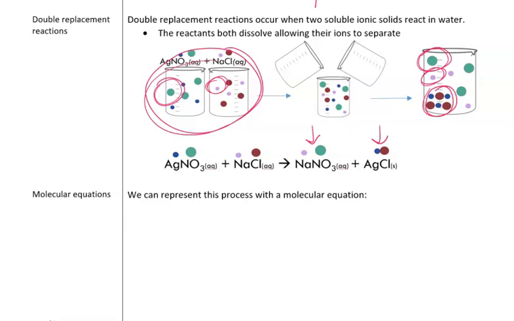They were just ions in the beginning floating around in their little beakers, and they stayed little ions floating around in that end beaker. The only thing that experienced a change were these red and blue ions, which formed a new compound, the silver chloride. So that is really the thing we're interested in. That's really where our change happened. These green and pink ions are really what we call spectator ions.